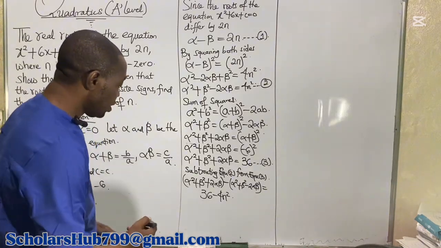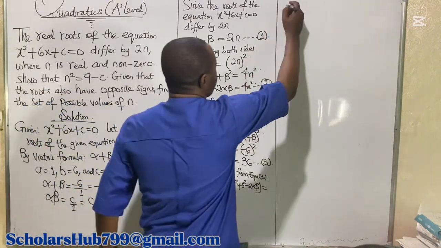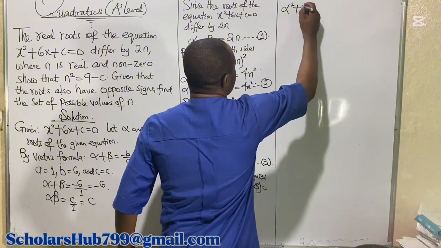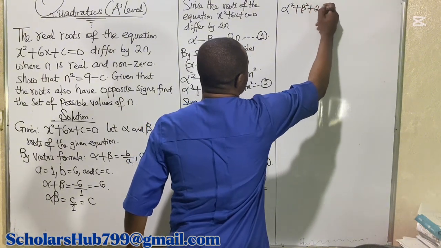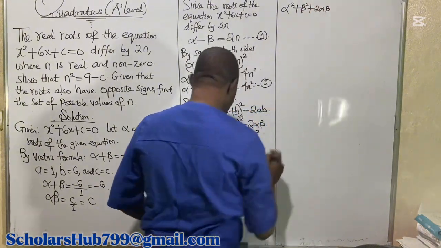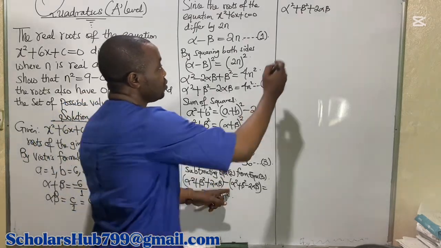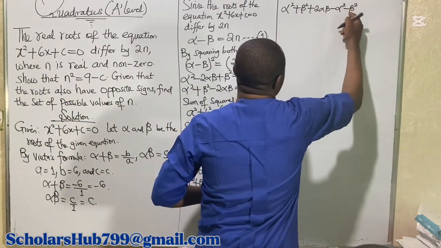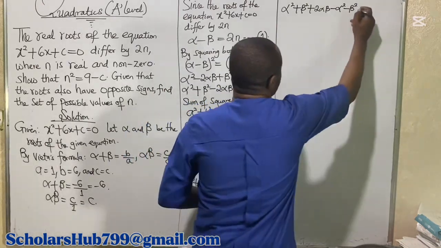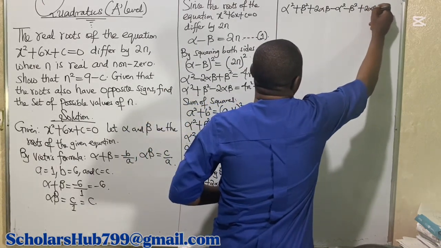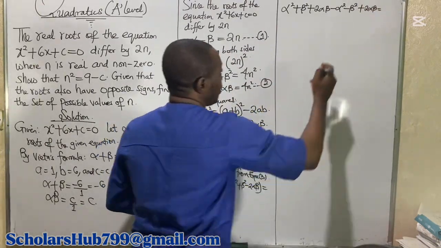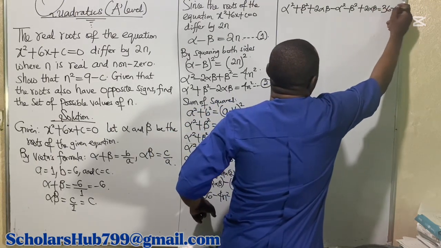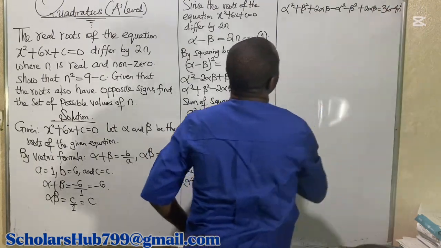By removing the parentheses, we have alpha squared plus beta squared plus 2 alpha beta, and this will be negative alpha squared, minus beta squared, plus 2 alpha beta, and this is 36 minus 4n squared.